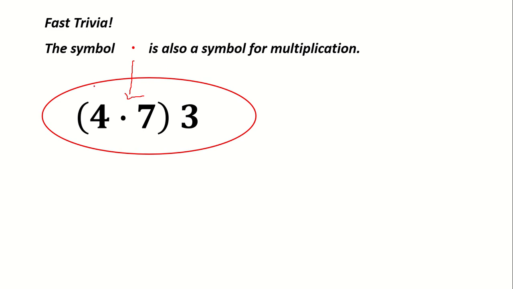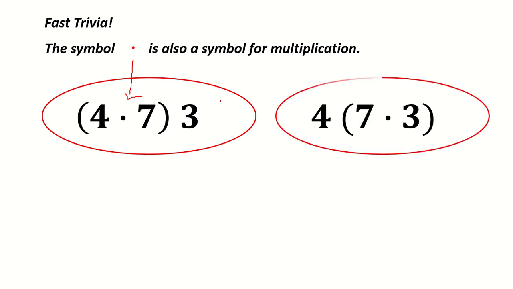What if, instead of multiplying 4 times 7 first, you multiply 7 times 3 first? But again, the order did not change. It's just that you're changing the priority. You're changing what is inside the parentheses, but you did not move the arrangement of the given.